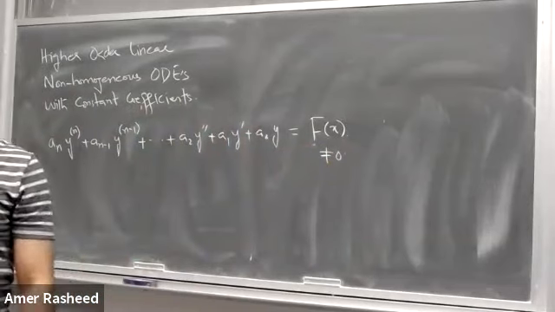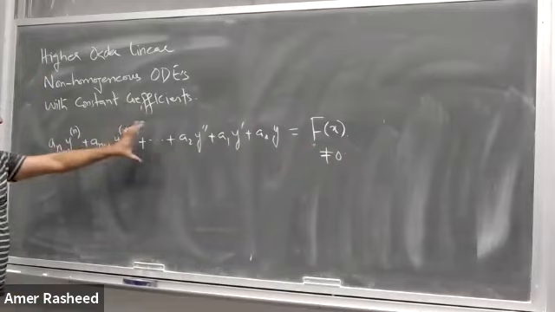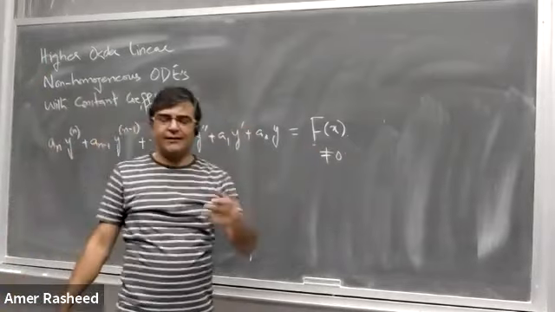If that function is zero, then we call the equation homogeneous. So the equation is linear with constant coefficients and non-homogeneous in this case.